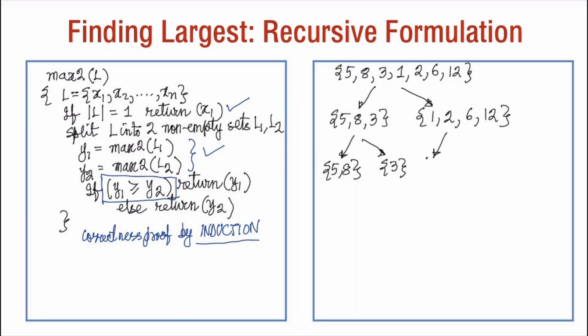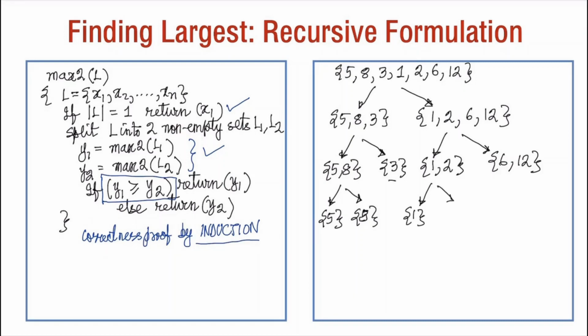This I split into two parts. This is now split into two parts. This is the base condition, single element 3. This is split into two parts. And it goes on getting split till we reach singular elements.